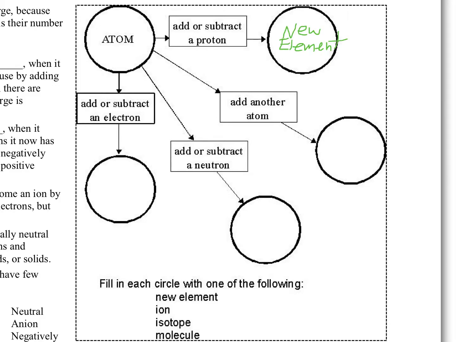The next one we discussed is if we add or subtract a neutron. In that case, we create an isotope. If I add another atom to my atom, I get a molecule.